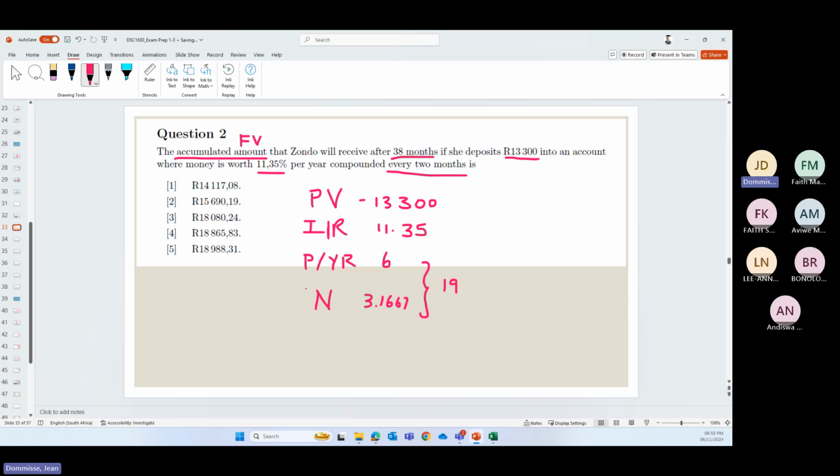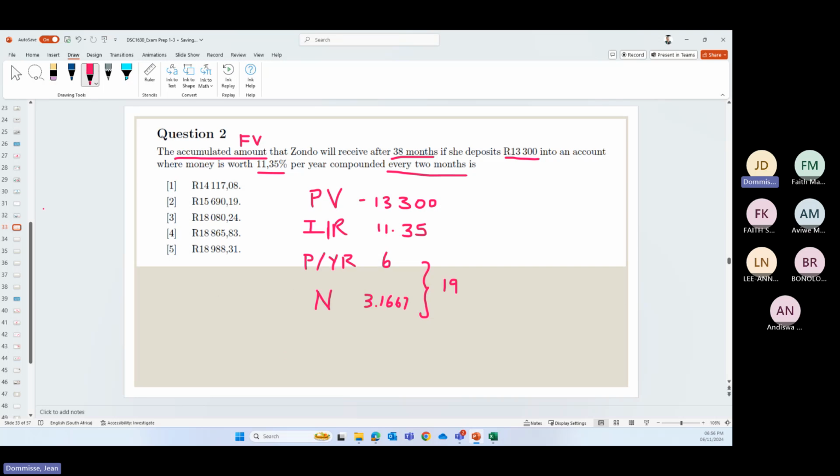So much more they talk about the accumulated amount at the end, or what she will receive. So that's more the language.